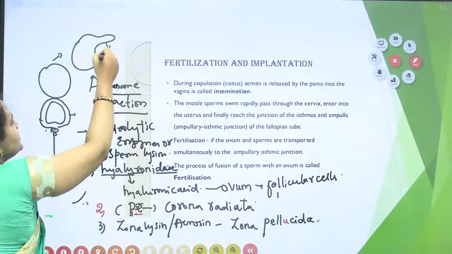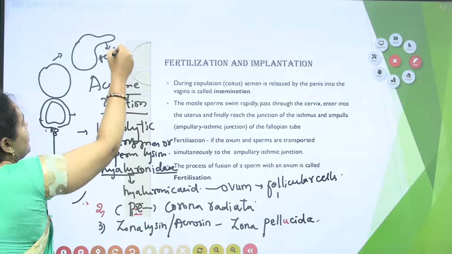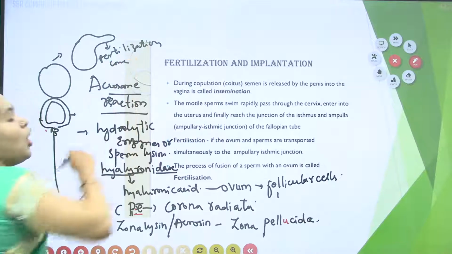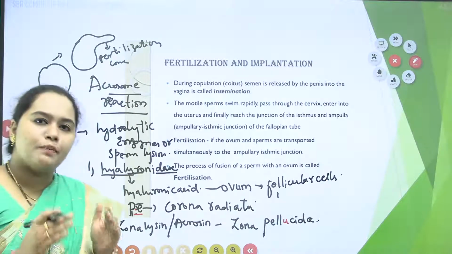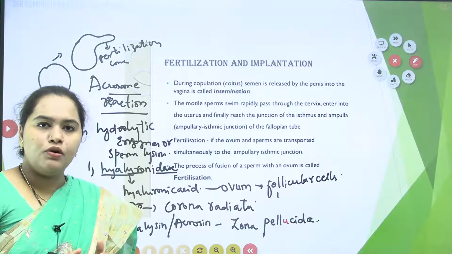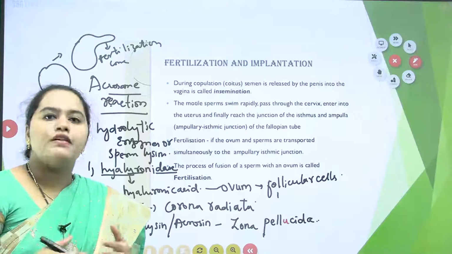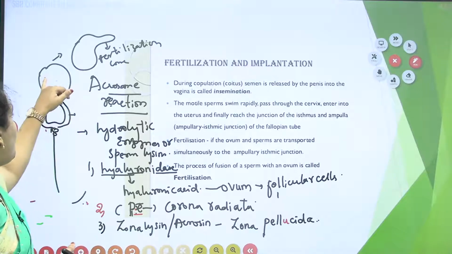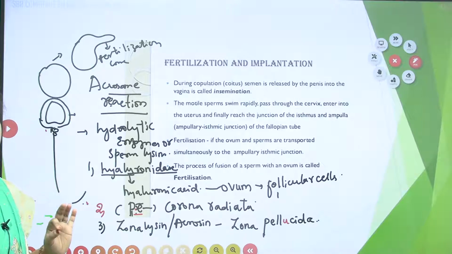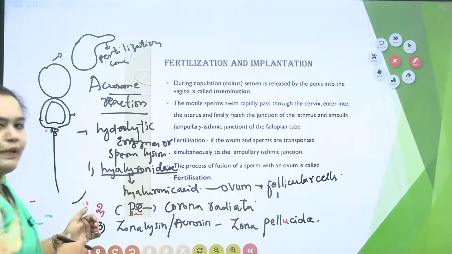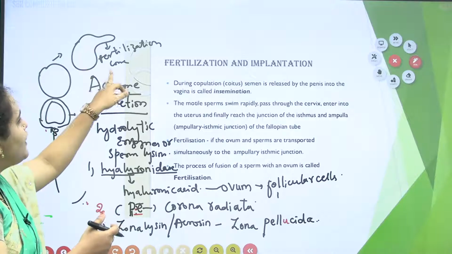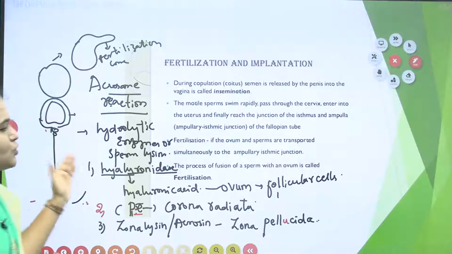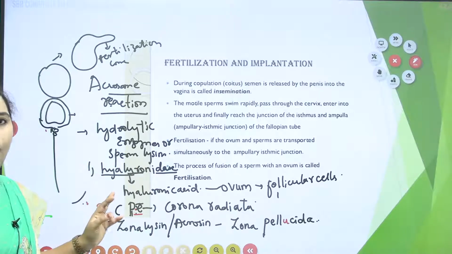This is the fertilization cone, also called the cone of reception. When the acrosome comes in contact with the ovum, this cone formation will be there, which leads to the other changes in the ovum.